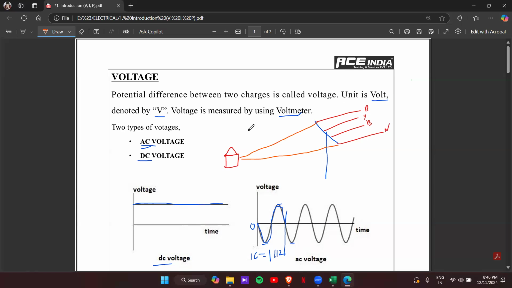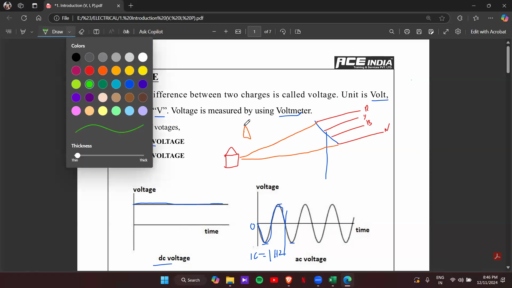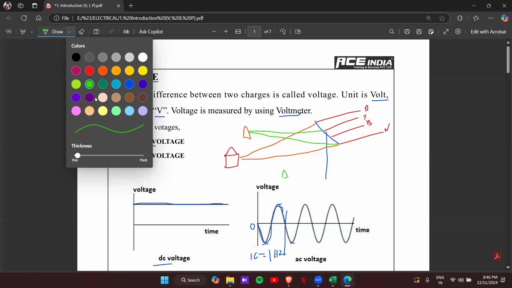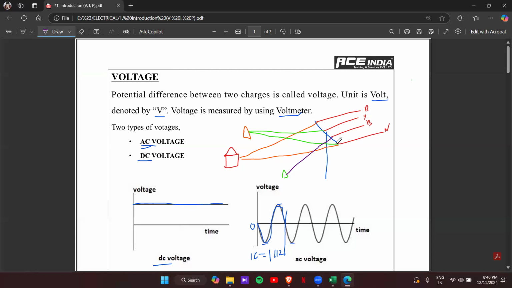Then if I have one more house, it's also having single phase connection. So I'll take the next connection from the Y phase and the neutral. Again, if you have one more, I'll take connection from the next phase, the B phase and the neutral.